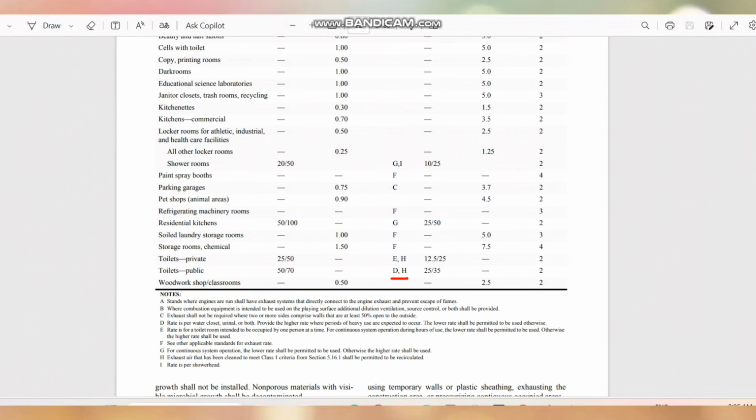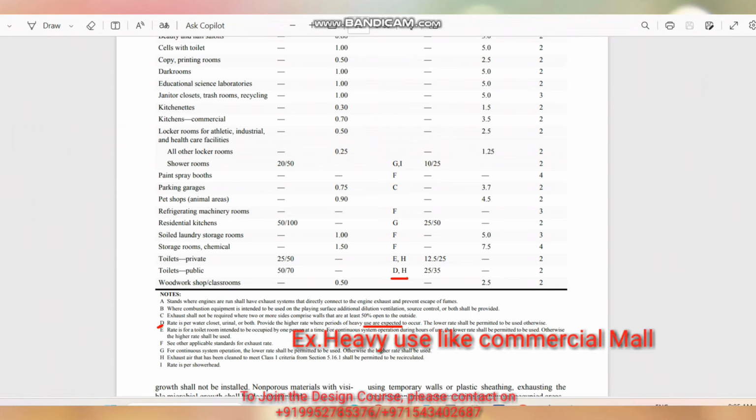First, note D says this rate is per water closet, urinal, or both. So when you enter the toilet, it can be a water closet or urinal, or both can be there. And provide the higher rate where periods of heavy use are expected. We can expect that at one time all people will enter the toilet, based on some application, and utilize it continuously, like a heavy use.